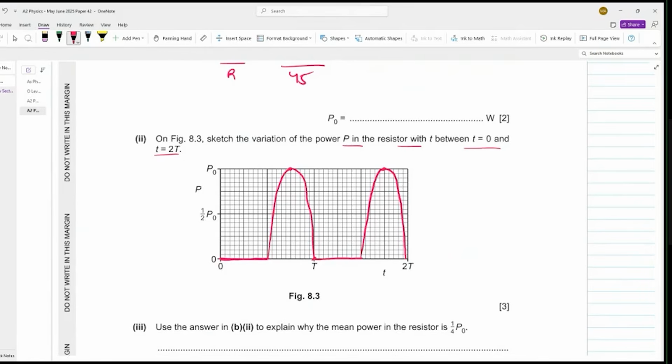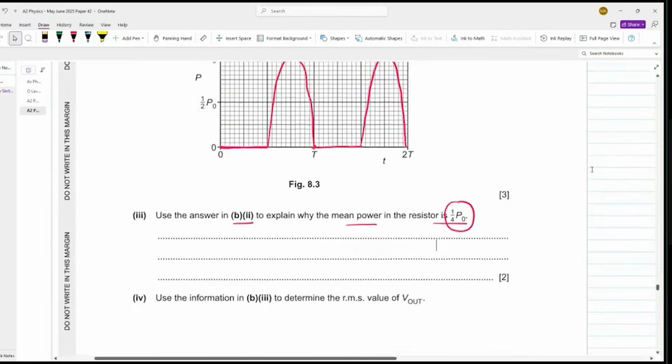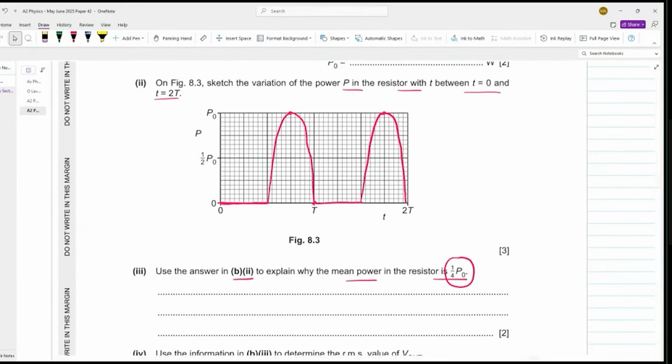Again, 0. It's perfect. Use the answer in B2 to explain why the mean power in the resistor is 1/4 P naught. You have to explain why the mean power in the resistor is 1/4 P naught, and not here.